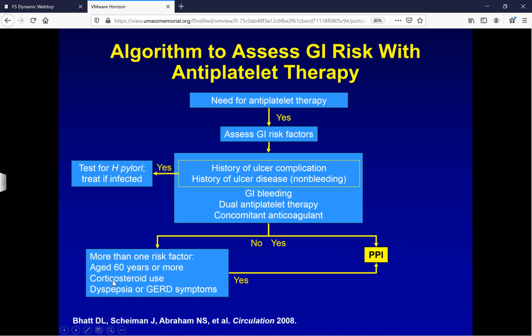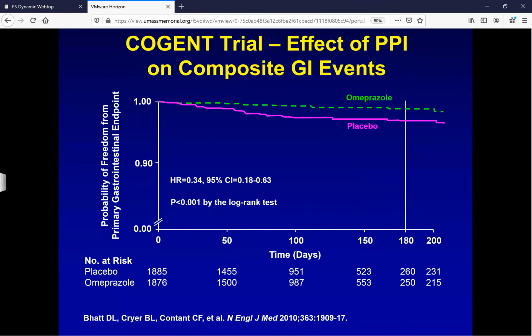If you had any risk factor initially, like older age, GERD symptoms, or corticosteroid use, you just put them on PPI regardless in these patients. And I think this is an area of improvement. We don't really ask this question. And as you can see, when they started putting the PPIs on, there was a concern that omeprazole had an interaction with the Plavix and Clopidogrel, and that led to decreased bioavailability, although they eventually found that on a clinical level, on a population level, it does not impact that much.